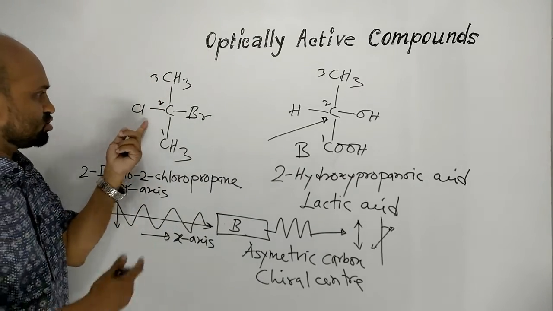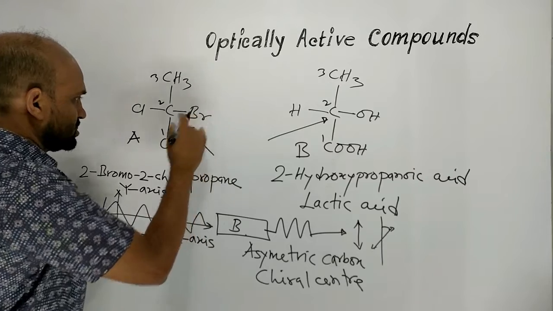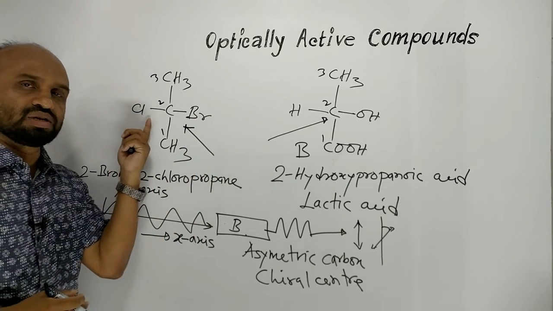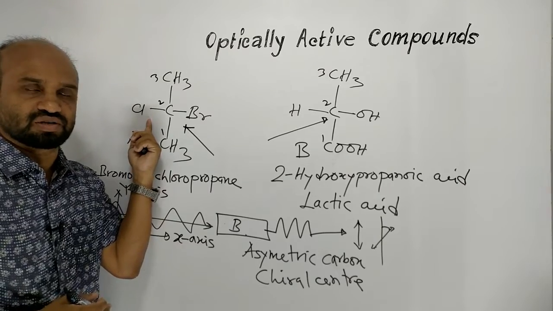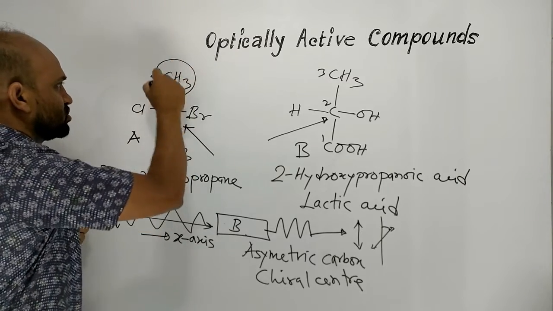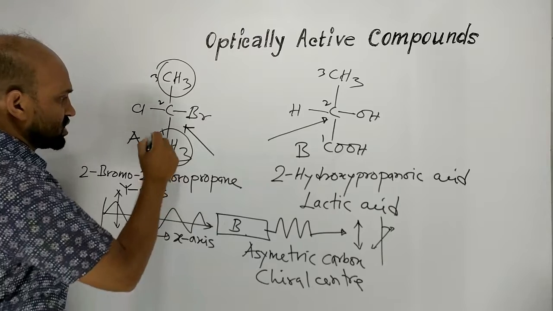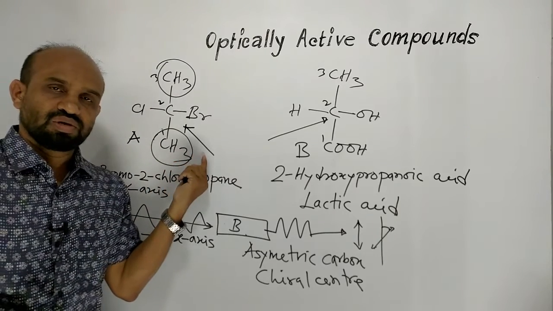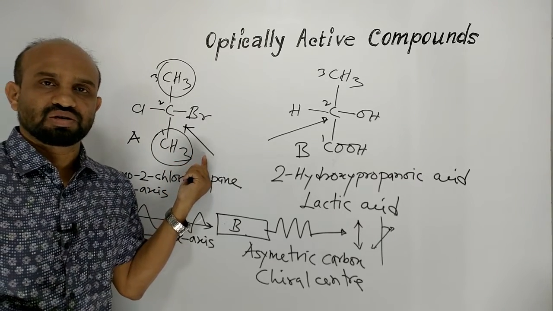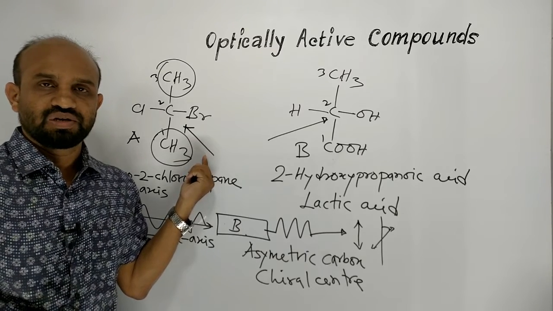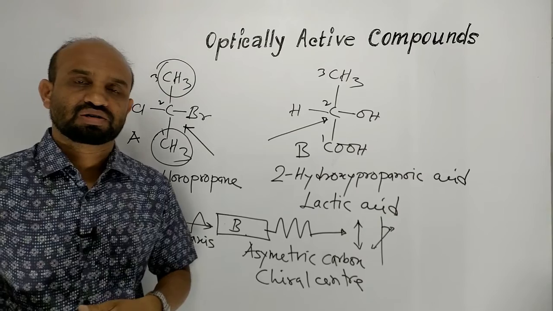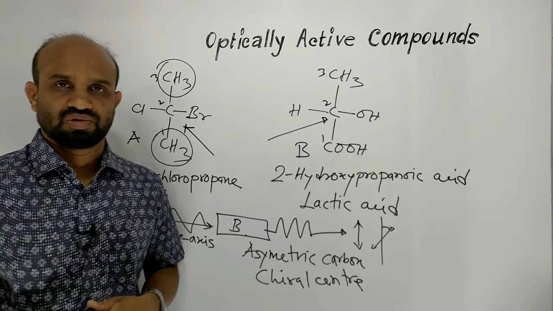But in this compound we see that this carbon is linked with 4 groups that are not different. Here methyl group, here another methyl group. So this carbon is not asymmetric carbon or chiral center. Simply this compound is not a chiral compound.